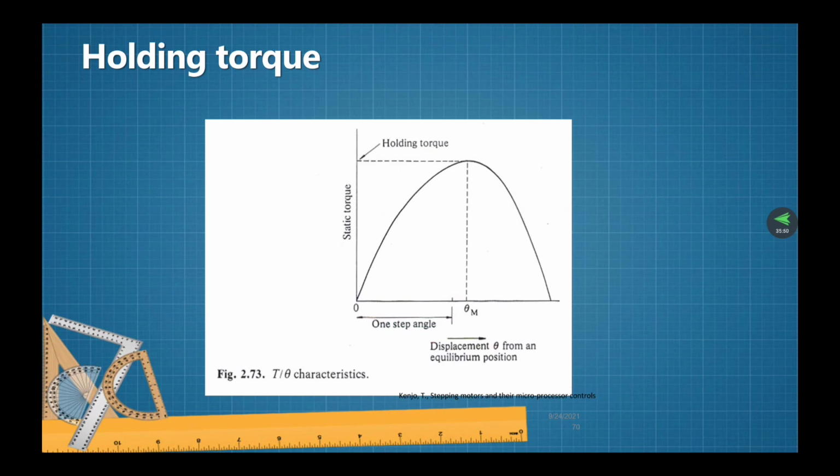Steps are lost when external torque exceeds the holding torque, and then the calculated position is also lost. This is the position of the holding torque, this is for the one step angle, and this is the displacement theta from an equilibrium position.